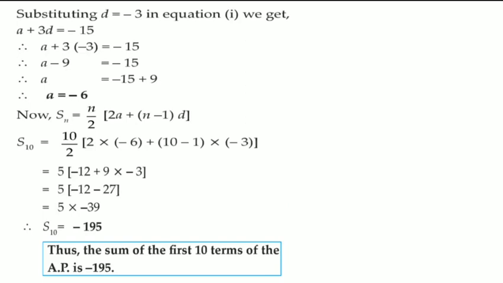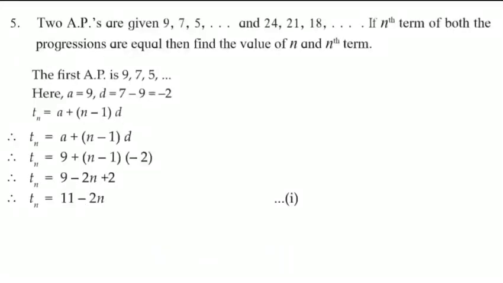Now let us go further. Question number 5. Two APs are given 9, 7, 5 and so on, and 24, 21, 18 and so on. If nth term of both the progressions are equal, then find the value of n and nth term.